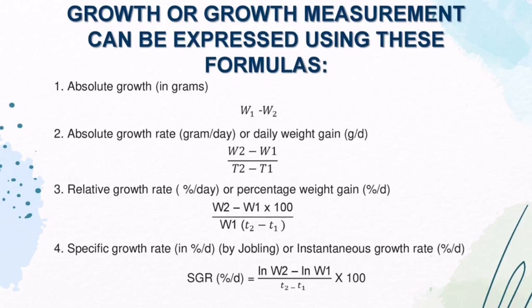Here, the W still stands for weight in grams, while the symbol T stands for time, which is expressed as day. The third formula is the relative growth rate, or also called the percentage weight gain. It is wherein the weight in grams is divided by 100 to convert to percentage. For the fourth formula, the SGR stands for specific growth rate or instantaneous growth rate.